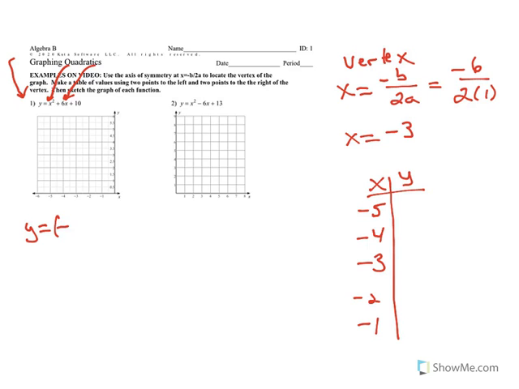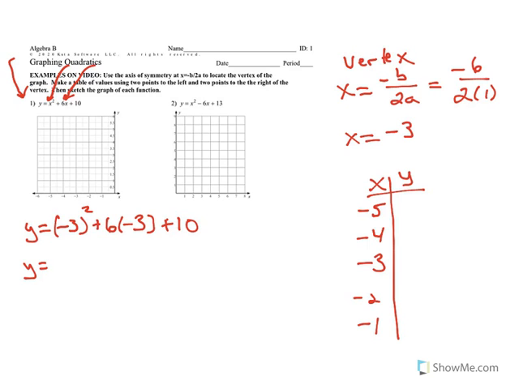So it's going to be -3 squared plus 6 times -3 plus 10. And then we can go ahead and compute this. You need to watch out for the -3 squared, because that's a -3 times a -3, which is a positive number.